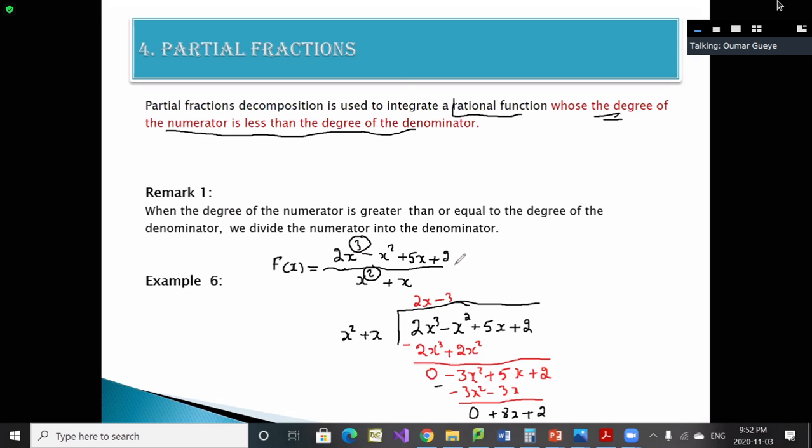So this is equal to 2x minus 3, but we have the rest. The rest is not 0. So we have to add the rest. It's going to be plus now the rest, which is 8x plus 2, over the denominator, x squared plus x.